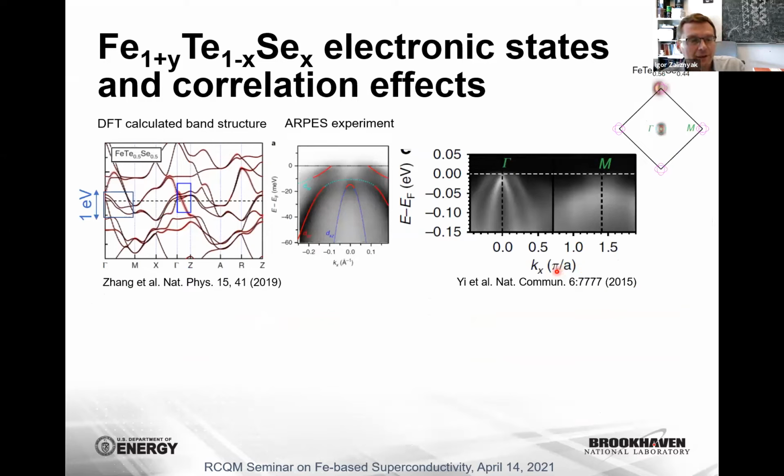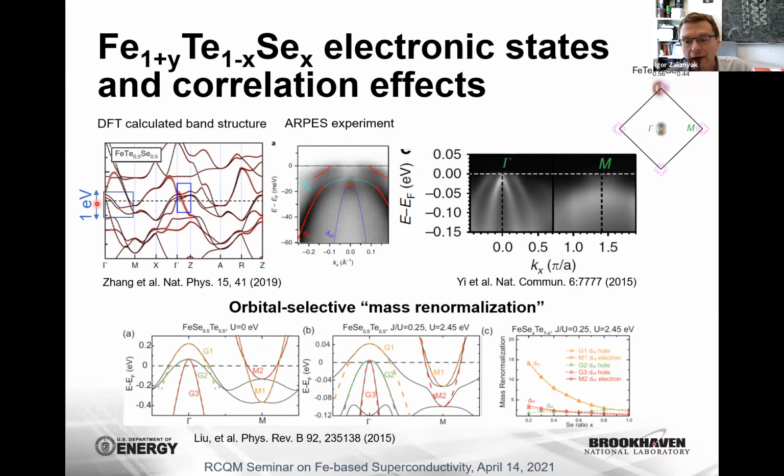Now, later studies by ARPES, by the group of the previous speaker and Mingyi in particular, have provided direct evidence of orbital selective band decoherence and strong renormalization effect in iron telluride selenide materials. So the bandwidths measured by ARPES were much narrower than the bandwidths obtained in typical DFT calculations. In fact, the renormalization was orbital dependent and reached as much as an order of magnitude for dxy bands.